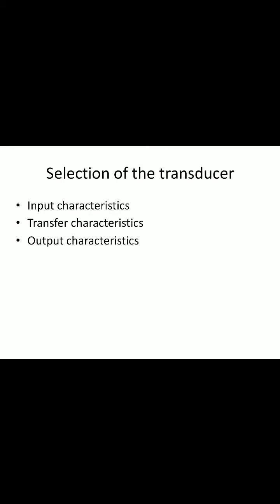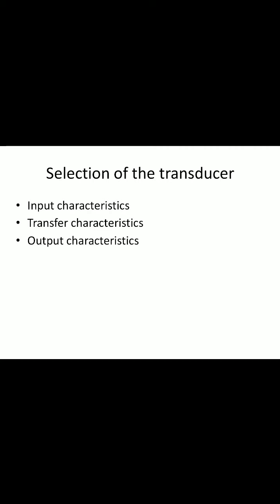Again, in this session, we will discuss in detail the various parameters related with the selection of transducer. There are three characteristics which are input characteristics, transfer characteristics, and output characteristics. So we know for a transducer, it will convert one form of energy into another form.